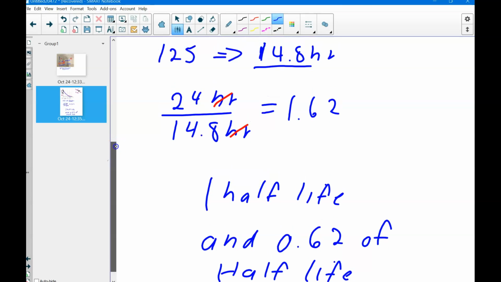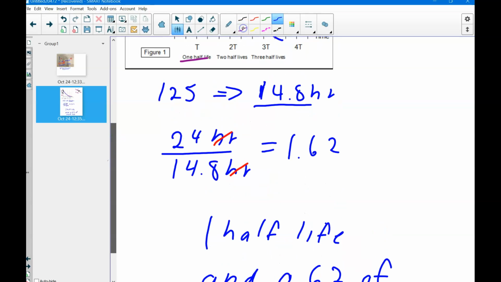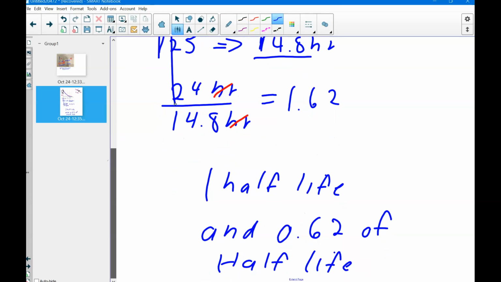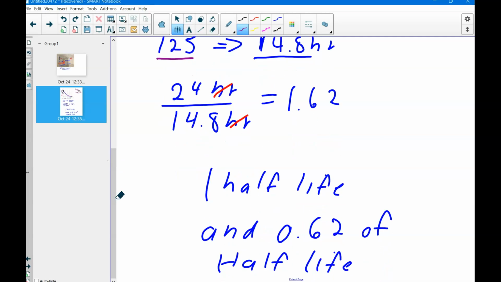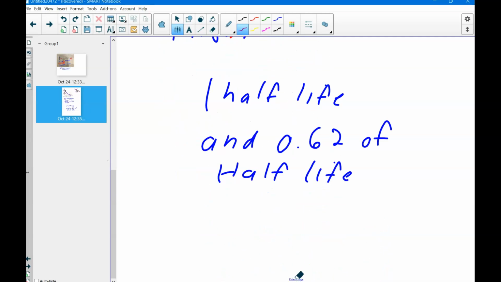The number up here says we're starting out with 125 as our starting value. So just take the number right there, first of all, just to get started. So after one half-life, we have 125. This is just to show you the concept first.